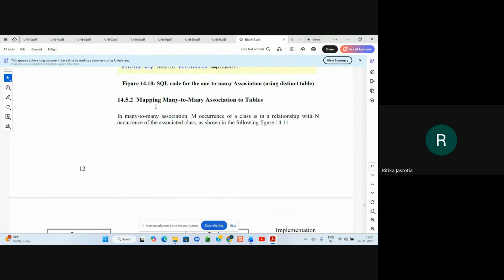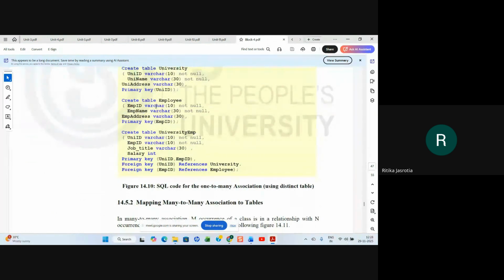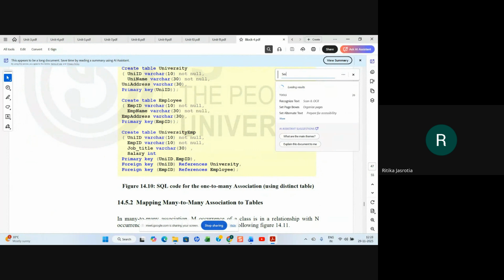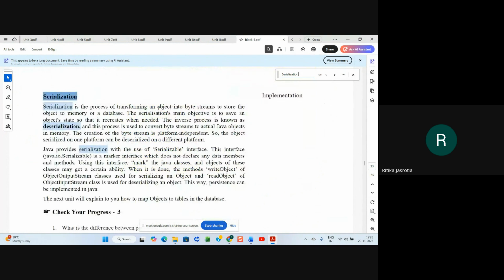In block 4 we have seen serialization, so this is there in block 4. Serialization is the process of transforming an object into a byte stream to store the object in memory or a database.